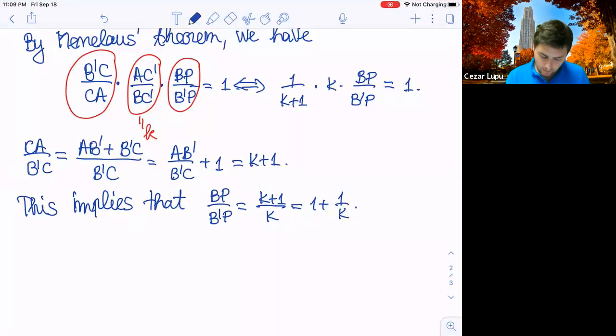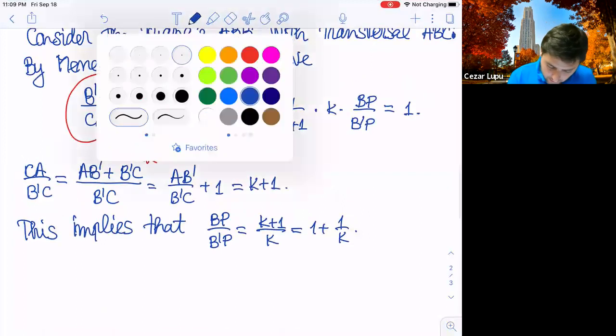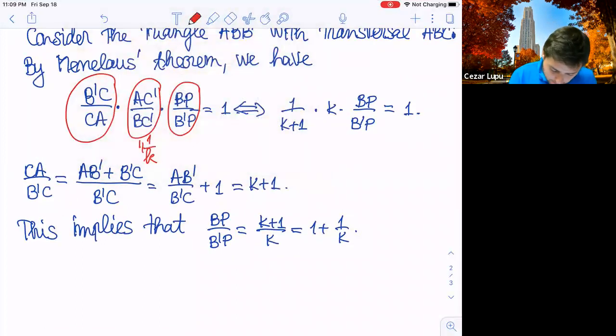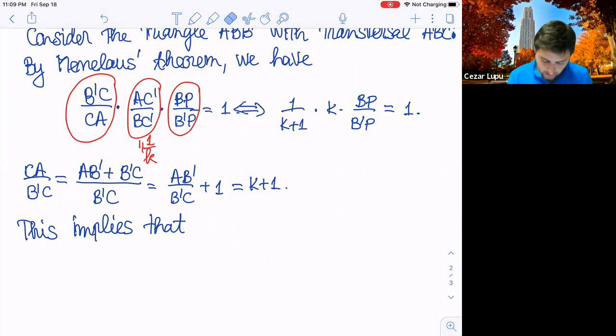Okay, I think there is a mistake here. This is 1 over K, not K. And now we're going to have the following. So this would be 1 over K plus 1, yes, indeed, this is a mistake. Let me be clear.